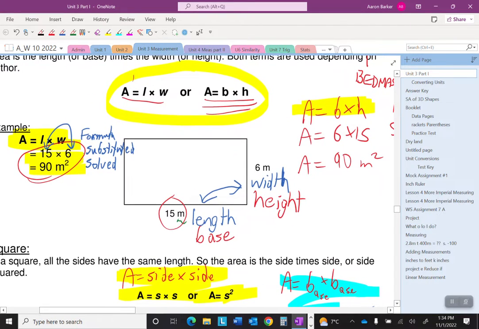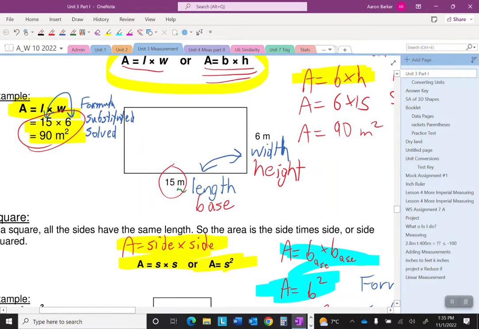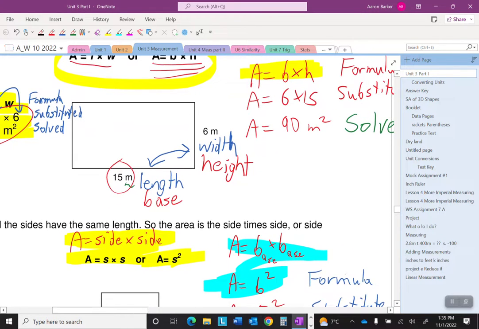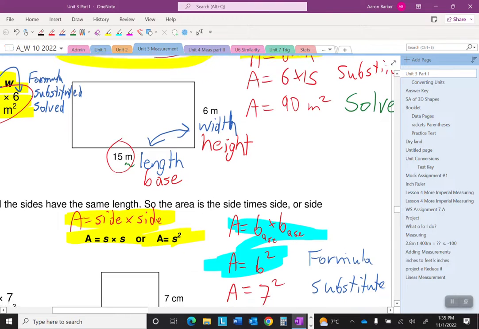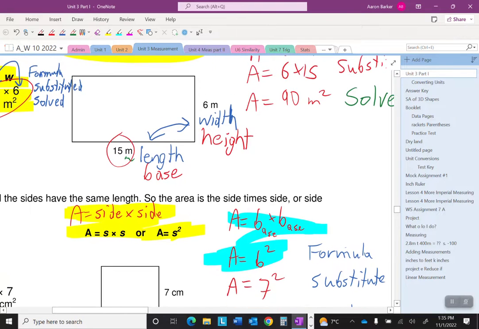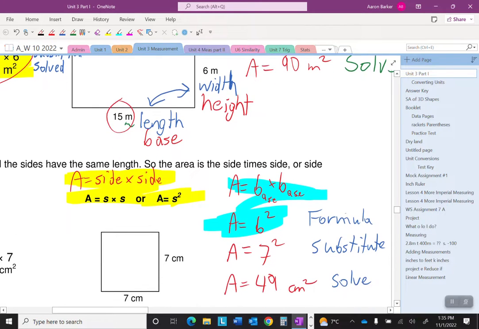Then I substitute in the number in this question. This measurement is 7, so it's 7 squared. That's my substitution. And then I solve: 7 times 7 is 49 centimeters squared.